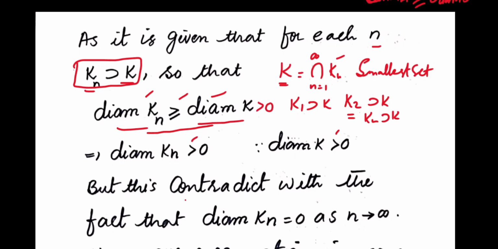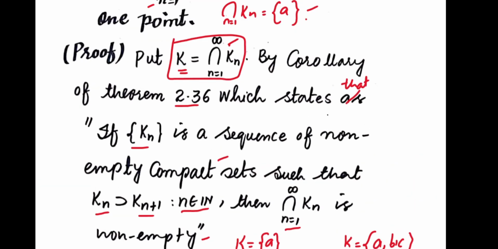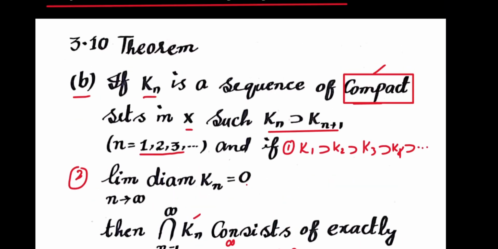But this contradicts the fact that the diameter of Kn is equal to 0 as n approaches infinity, because it is given in the statement that if the limit of the diameter of Kn as n approaches infinity is 0, then we have to show that this intersection is a singleton set.